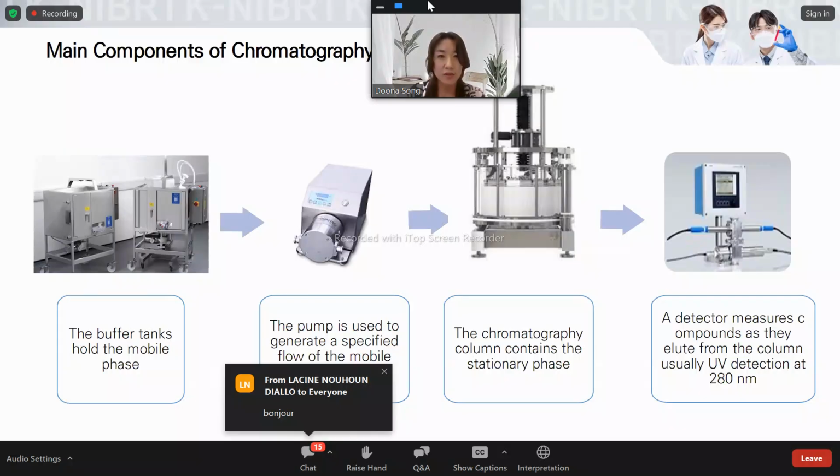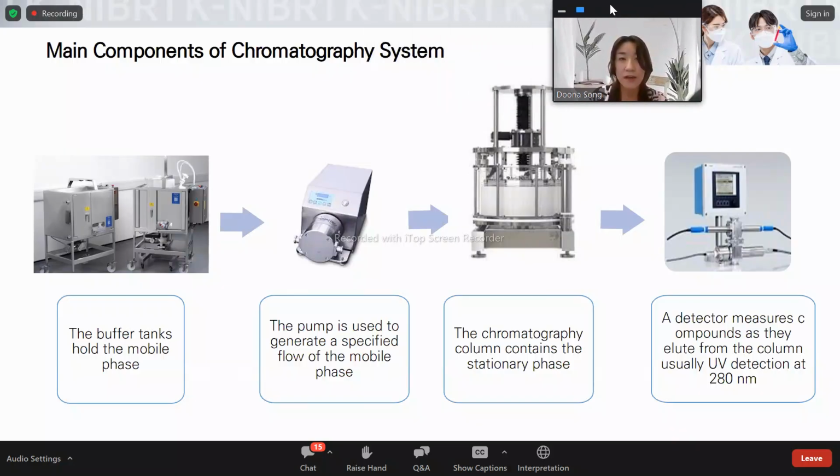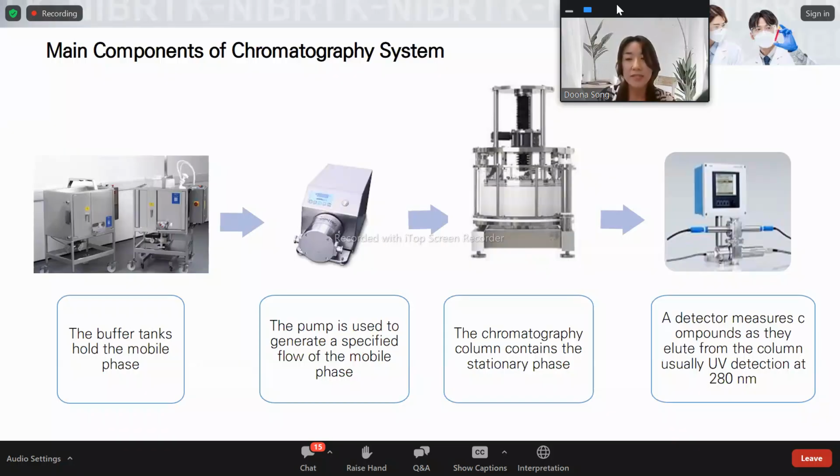Next, the detector. The detector identifies and measures the separated components as they elute from the column. It provides real-time monitoring of the elution profile by detecting specific properties of the molecule, such as absorbance at certain wavelengths, and conductivity and pH.